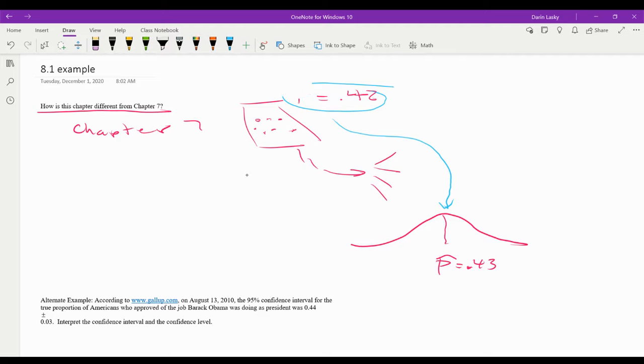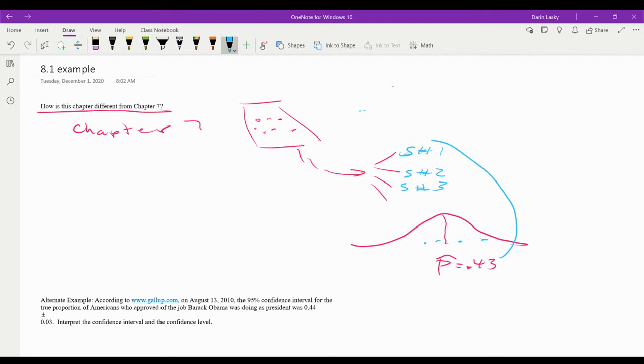Normally, we don't know this. So we have this unknown population, and we take all these samples, sample number one, sample number two, sample number three, and we put them on our dot plot all over the place, and we say, oh, well, p hat is close to p.